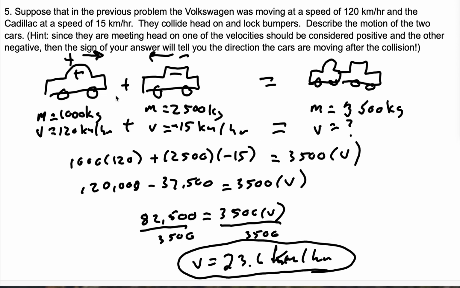Okay, so because this is positive, it means that these two cars will move to the right. And the reason that happened is because even though the Volkswagen was smaller, it had a lot more velocity, so it ended up with more momentum than the Cadillac. Because this had more momentum, both cars end up moving to the right.